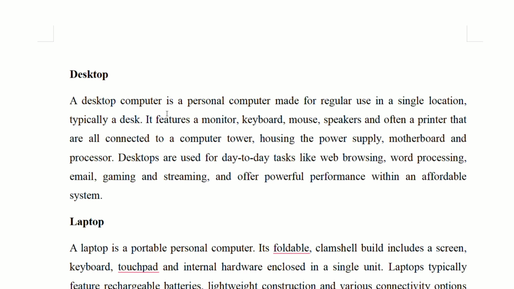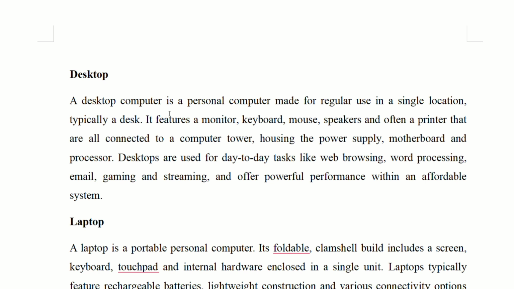Those have a setup that can't be changed, and it is not portable to move from one place to another. Usually in college labs, mostly desktop systems are used for computing purposes.